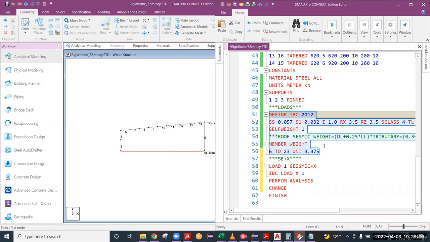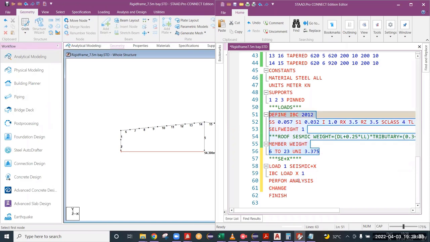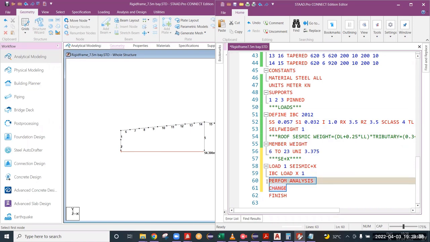So this definition will be applicable for two cases: one is load case 1 and the second, upcoming, is load case 2. So this definition should be applicable to load case 2 also. You should not apply both at a time.